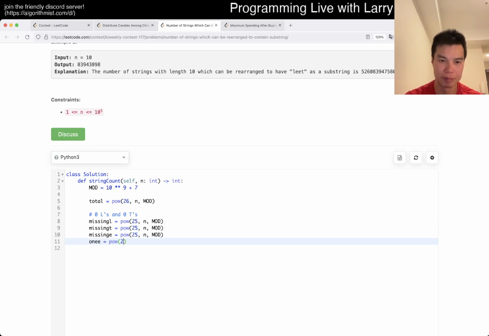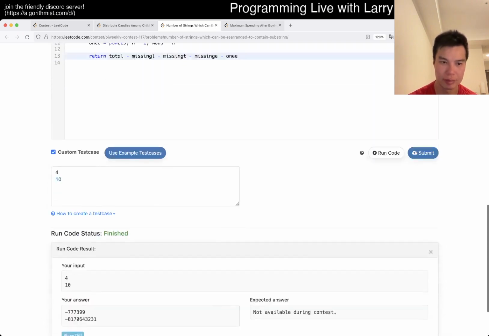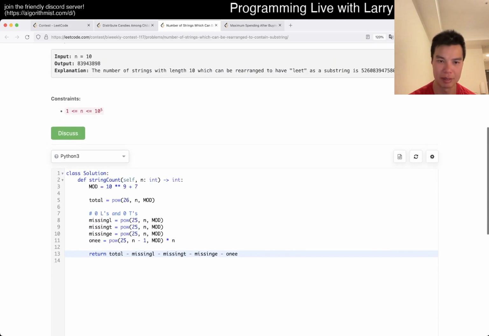It's 25 to the n minus 1, and then times n for the number of places you can put it. Right? So 1 Y, yeah, okay. I think that's right. I know this isn't right, by the way. I just want to get a sense of the numbers. Okay, I mean, you have to mod this, but that's fine.